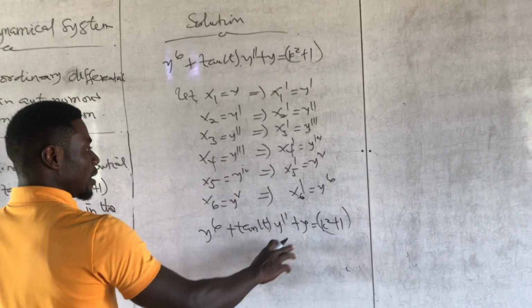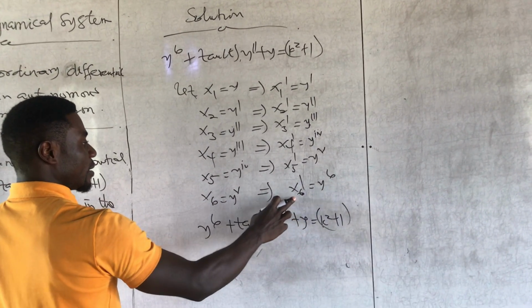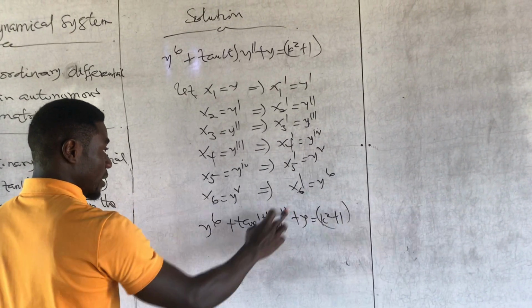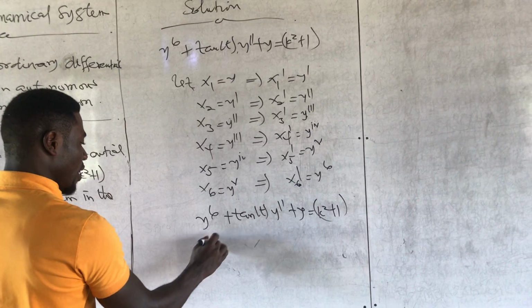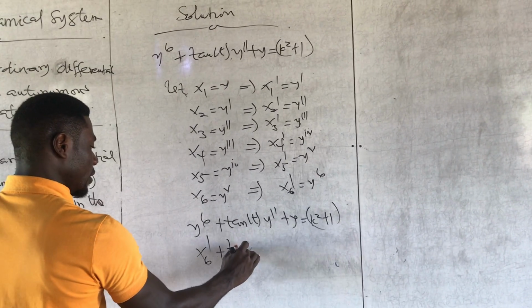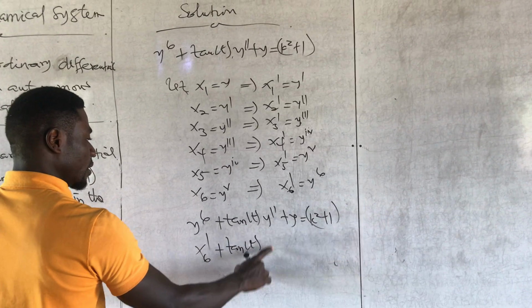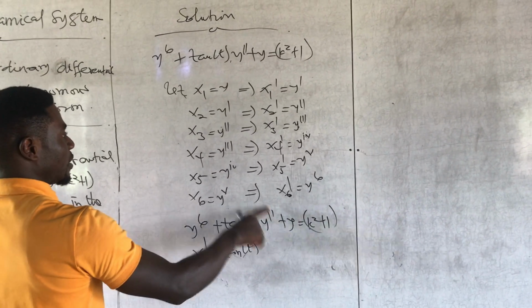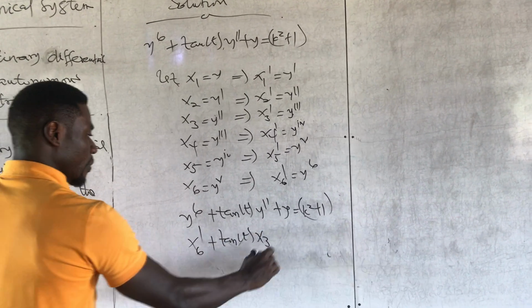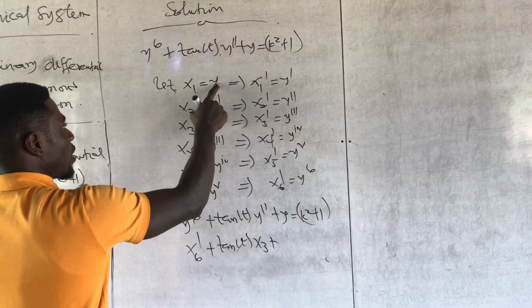Now we are saying that our y^(6) is also equal to x6 prime. So you have x6 prime plus tan(t), and our y double prime is equal to x3. So we have x3 here, plus our y is also x1.